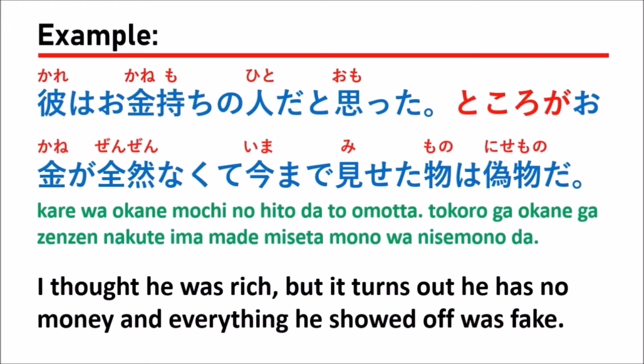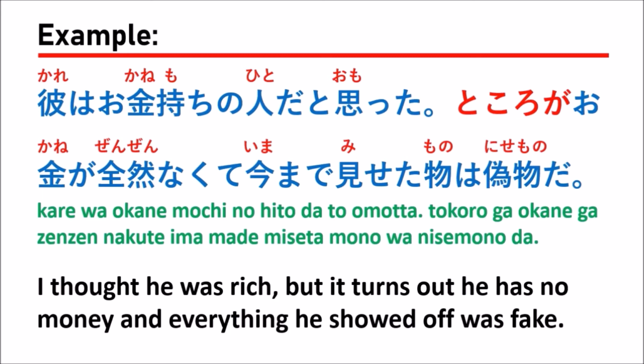お金が全然なくて、今まで見せたものは偽物だ。So after the expectation, you follow with tokoroga, and you tell the result, right? Here our result means that he has no money, and what he showed was just fake. So after tokoroga, we tell the result of the expectation.